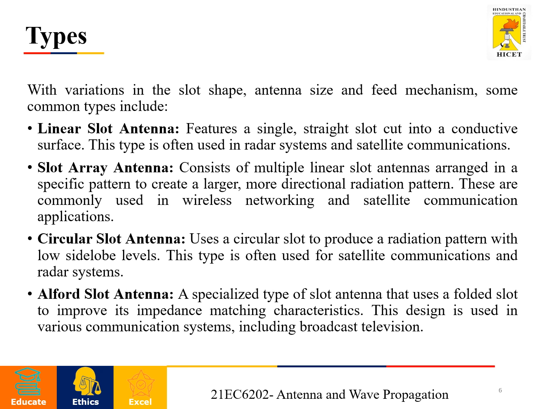This type is often used for satellite communication and radar systems. Next one is Alford slot antenna, a specialized type of slot antenna that uses a folded slot to improve its impedance matching characteristics. This design is used in various communication system applications, including broadcast televisions.